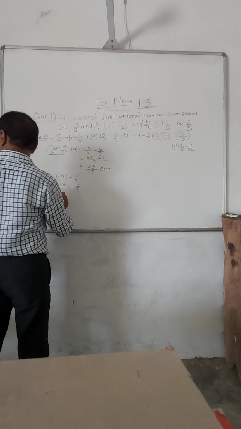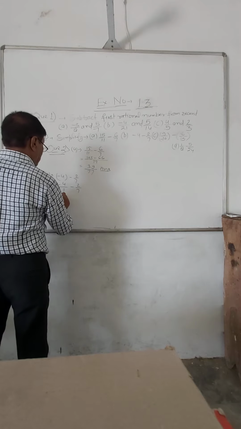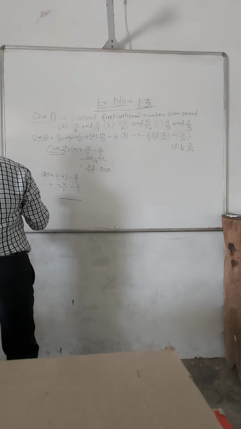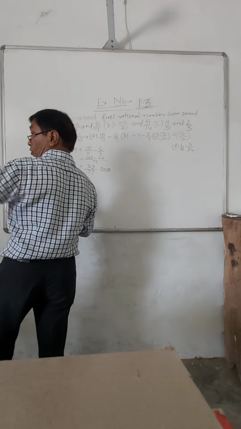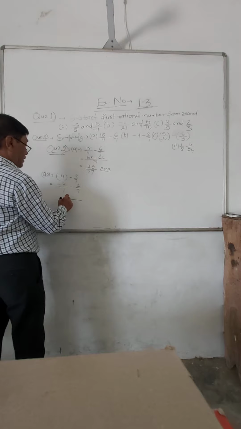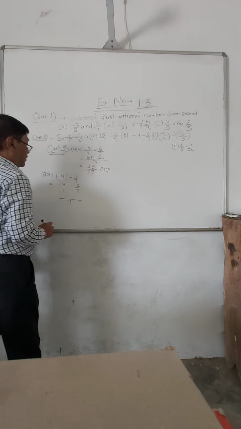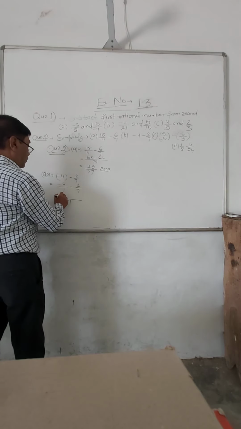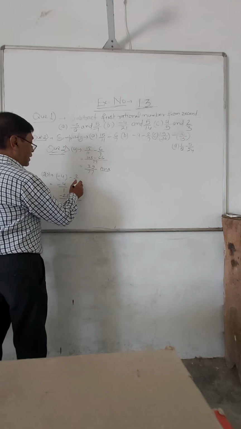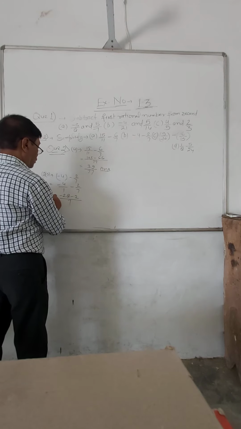Take the LCM of this. 1 times 7 is 7. So 7 into minus 4 is minus 28. 7 into 7 and 1 into minus 2 is minus 2.